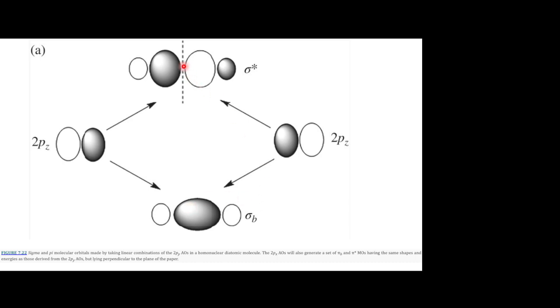And then we have a node here, and that's our anti-sigma, or our anti-bonding sigma. Okay? What does the star mean, by the way? It means excited state, high energy state. Okay? It's actually just designated for high energy. In these cases, they're always anti-bonding orbitals because they're higher energy.